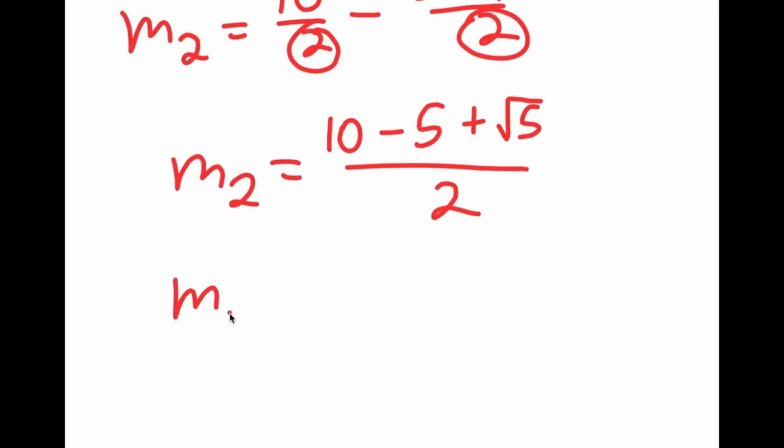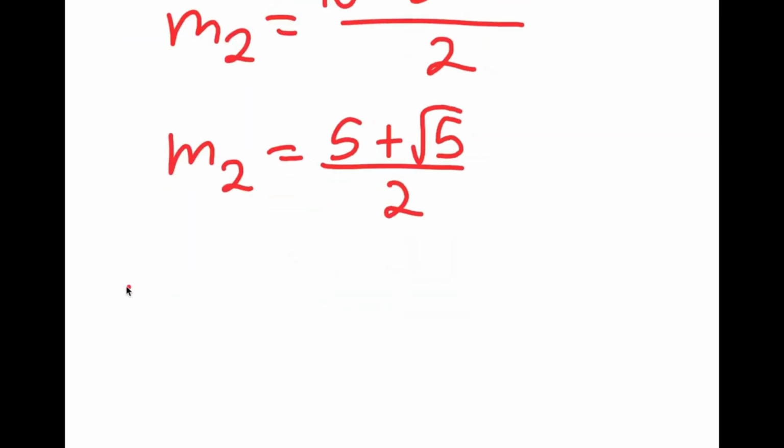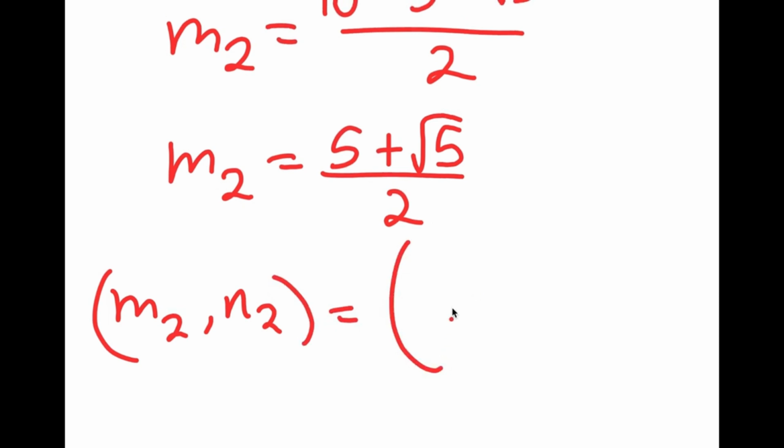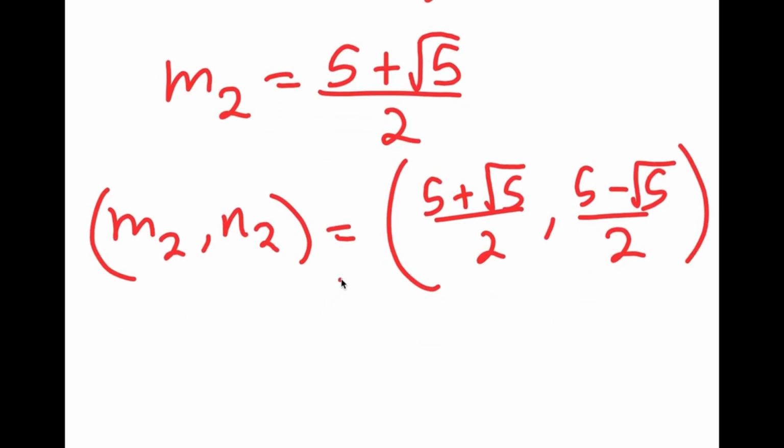So I get m of 2 is equal to (5 plus the square root of 5) over 2. Meaning (m of 2, n of 2) is equal to ((5 plus the square root of 5) over 2, (5 minus the square root of 5) over 2). So this is my second solution to this system of equations.